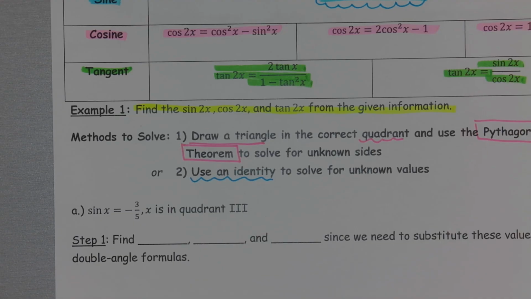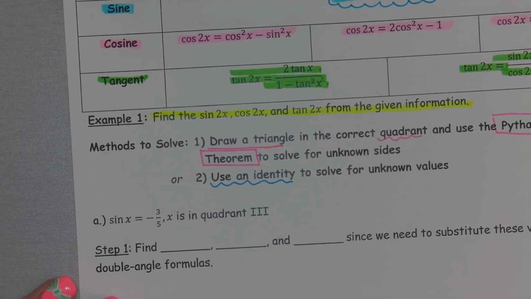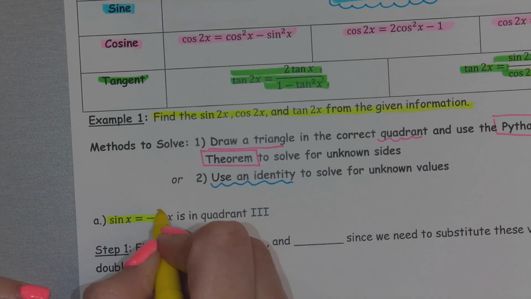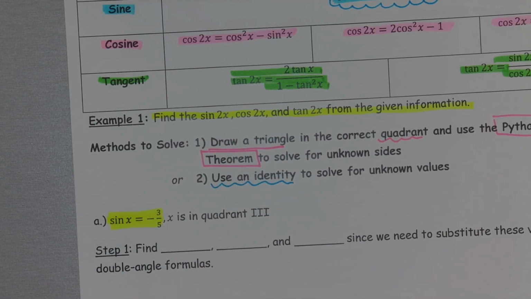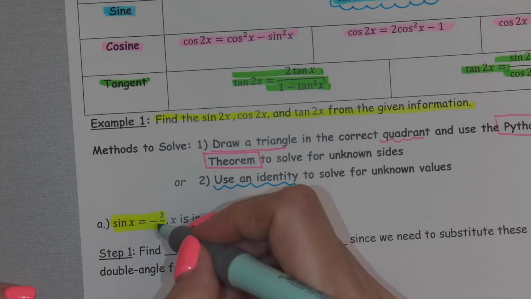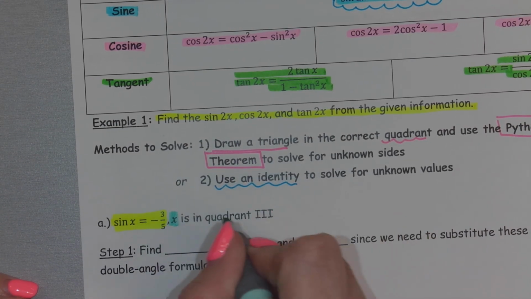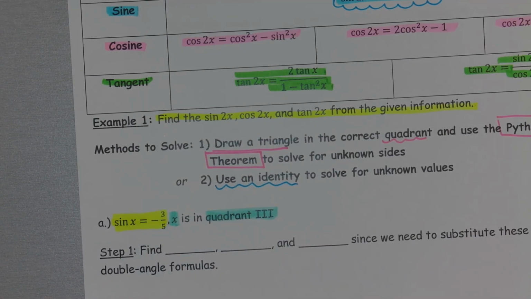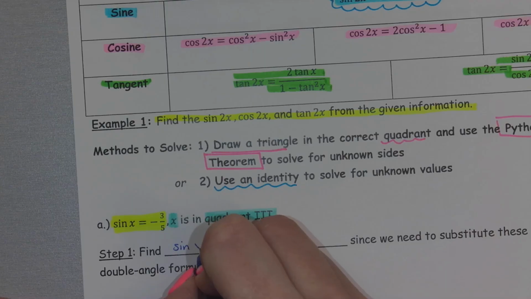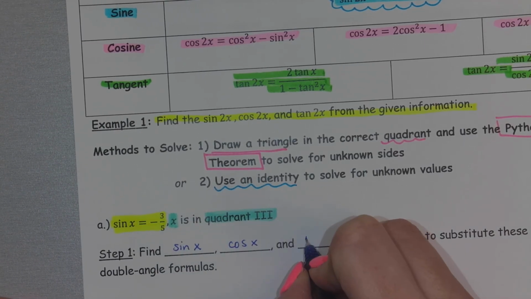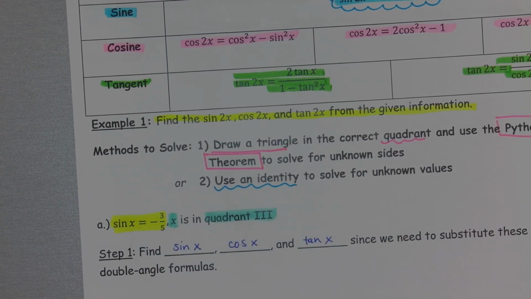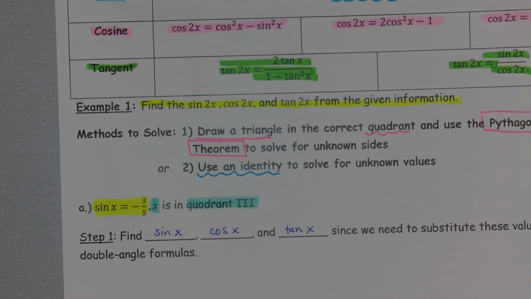So you are given the sine of x is -3/5. And it says x is in quadrant 3. Okay, so it's the x value, not the double angle, just the original. So if we're going to use the double angle formulas, before we do that, we're going to have to find the sine of x, the cosine of x, and the tangent of x, since we have to substitute those into our formulas.